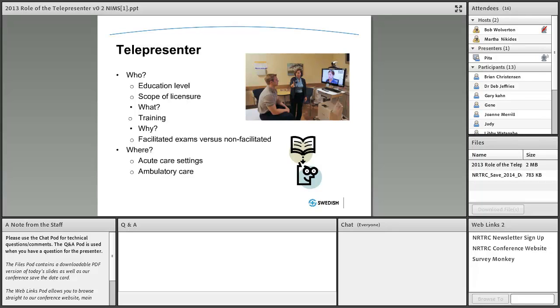What's the difference between a facilitated exam versus non-facilitated, and do you need a telepresenter for a non-facilitated exam? What does that look like? And then what education level is needed? We have telemedicine programs in both our acute care settings and our ambulatory care, so it's a role that can be used robustly in either setting.